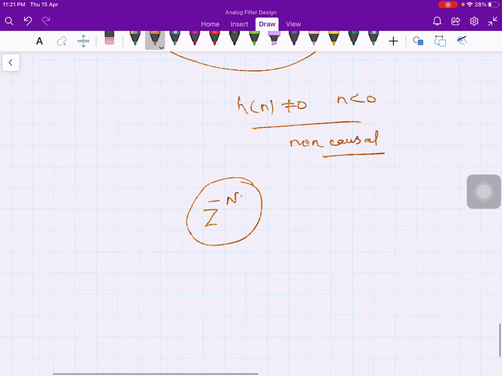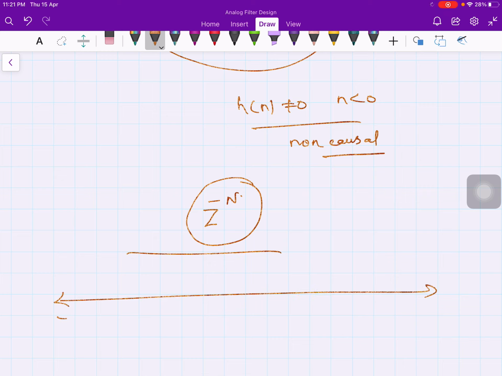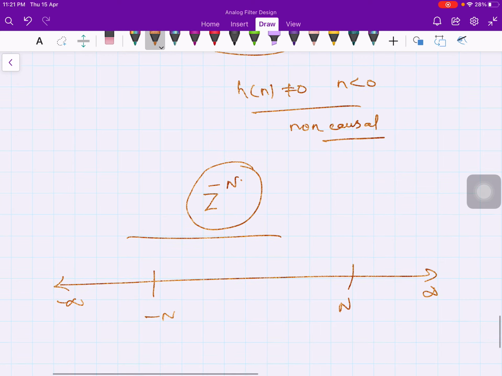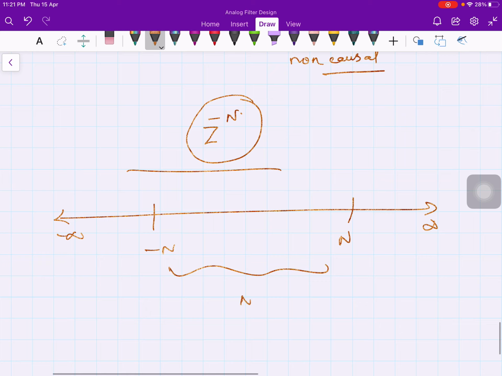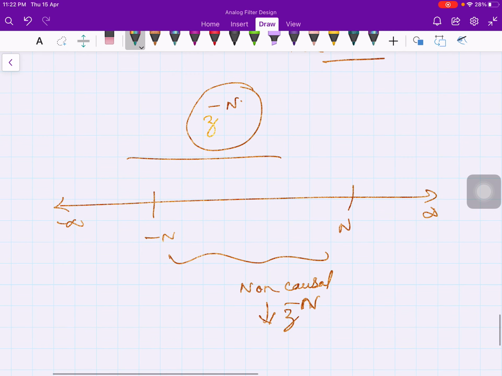Now even if you do this, originally the sequence length is minus infinity to plus infinity. You truncate it between minus n to plus n, and since it is non-causal, you multiply by z to the minus N. Even then, there is no guarantee that you have satisfied the given specifications.